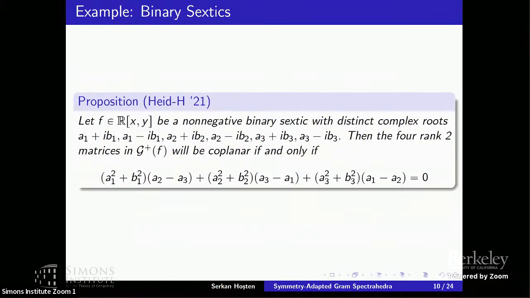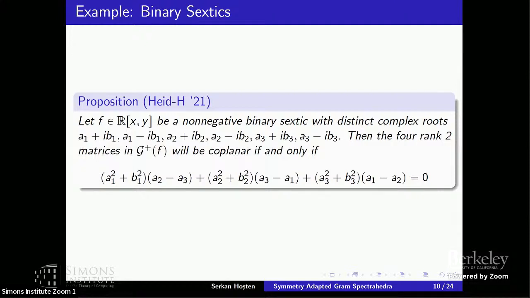Just a little result: if you have a binary sextic, these rank 2 matrices on the spectrahedron can be read off from the roots of this binary sextic. A binary sextic has 6 roots, all complex, and they come in conjugate pairs.